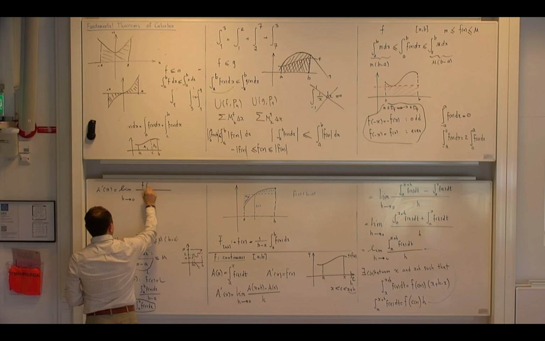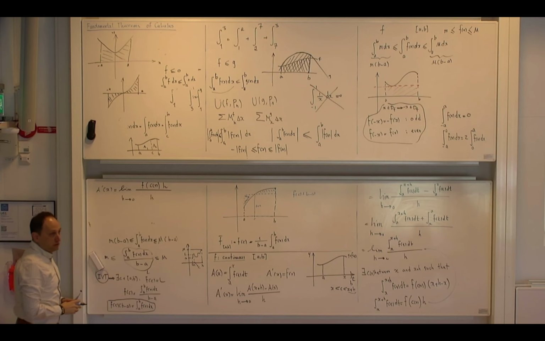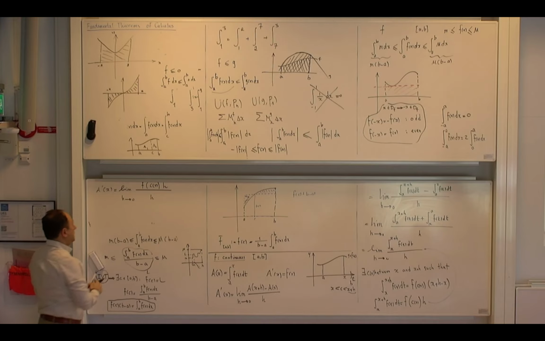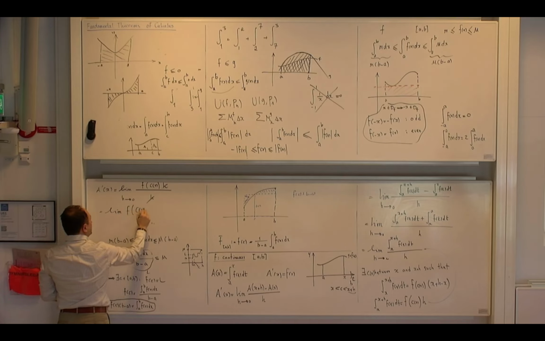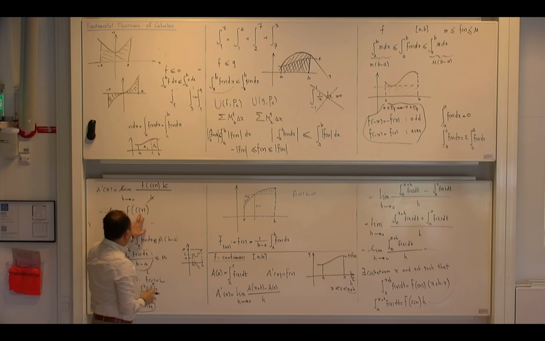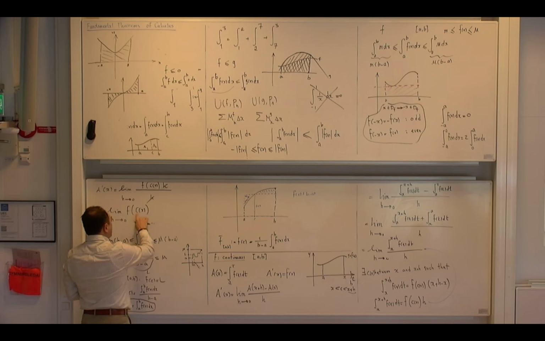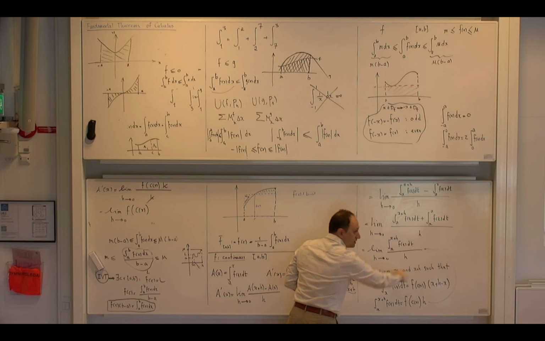F of c of x times h, and simplify. Yes. And then the h's cancel. So what happens is a little bit strange, because I have to calculate the limit of c of x as h goes to 0. Because if I wanted to be more precise, it also depends on h, because you know that c is between x and x plus h.